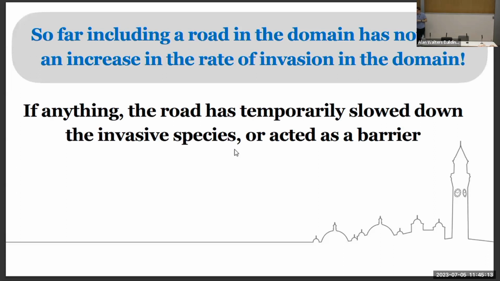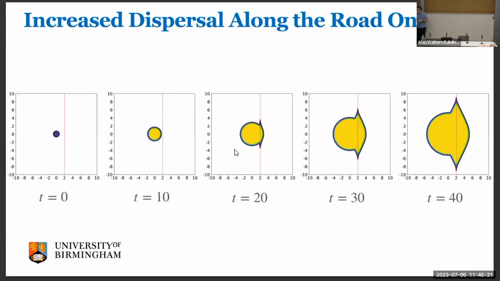If anything, we've just seen that they either act as a barrier or just temporarily slow it down. However, when we're in 2D, we said before that maybe with the road, there's decreased canopy cover, and animals can freely travel down the road.